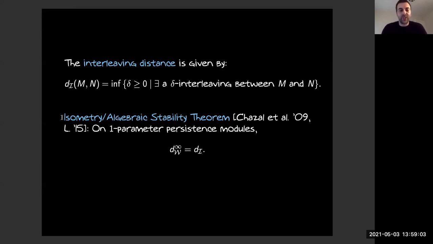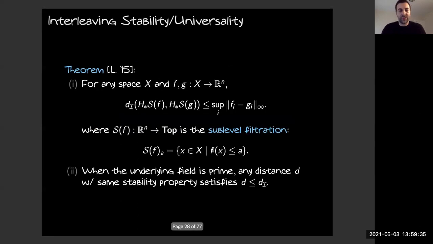One of the key theorems about the interleaving distance concerns what happens in one parameter. This theorem says that on one parameter persistence modules, the bottleneck distance is equal to the interleaving distance. And this is nice because the interleaving distance is way more general, but it tells us that in the familiar case, it reduces to this very well-known thing. This theorem is also called the algebraic stability theorem, and it's used a lot in TDA.